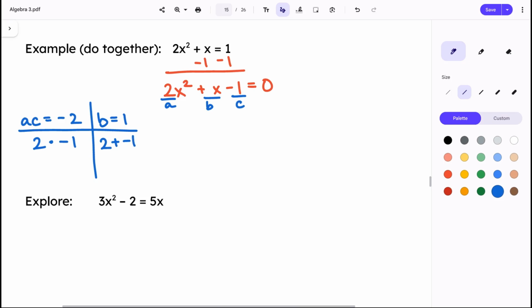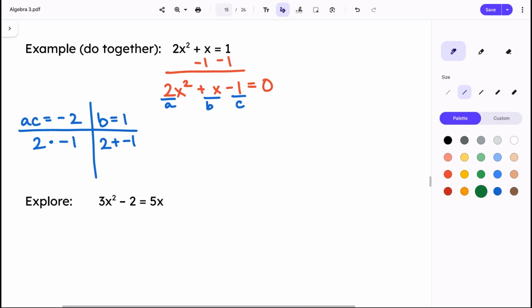Okay, do you guys remember what you have to do next? X plus 2. Not quite. We can't go straight there because we can't just go straight to the shortcut. But we do have to do something with those numbers, 2 and -1. You go 2x plus 2.